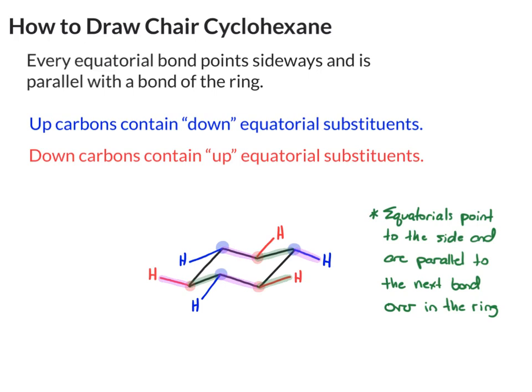It's also parallel to this hydrogen. And then finally, we have this equatorial hydrogen. It's parallel to this bond in the ring and this bond in the ring. This equatorial hydrogen is also parallel to those. So when you're drawing the chair, having things parallel is very, very important.